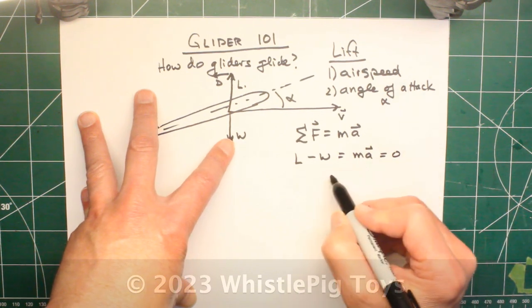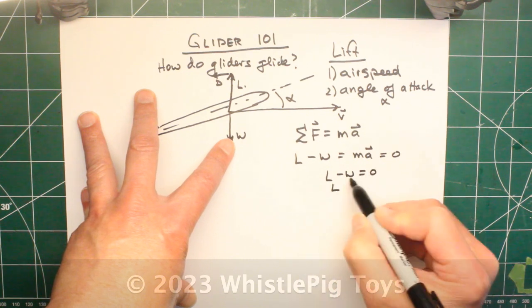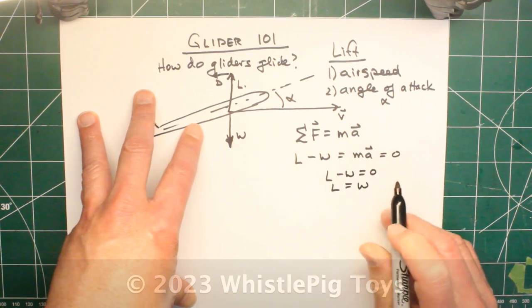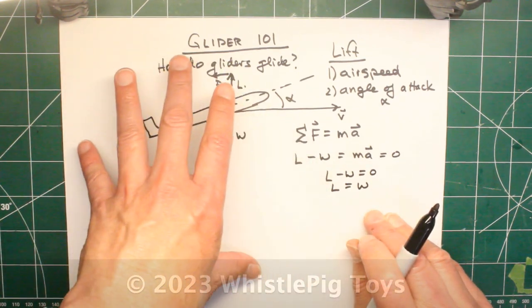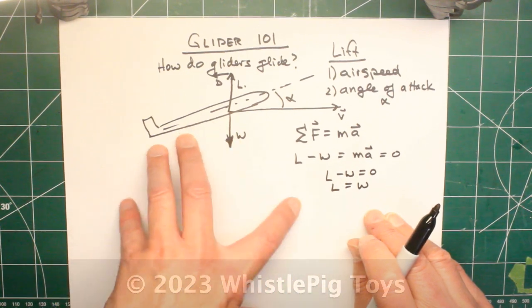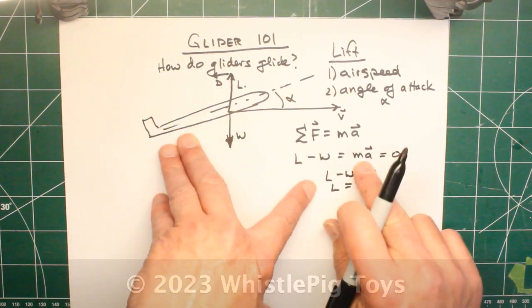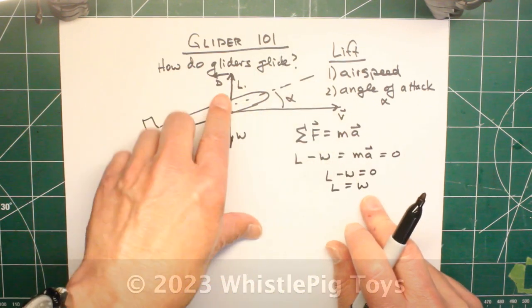And if that's true, lift minus weight equals zero. Move the weight over, lift equals weight. So in straight and level flight like this, we are able to show that lift is equal to weight. Likewise, if we knew that lift was equal to weight, we could show that the acceleration in the vertical direction was zero.